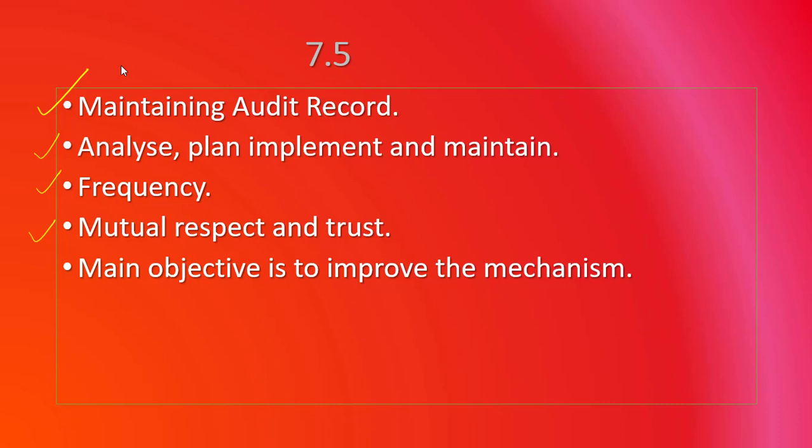Audit must be conducted with mutual respect and trust in a cordial atmosphere. Audit is conducted not only for fault finding but for continuous improvement, and this list is a sample only. So the audit team should consider including these things during the process of academic audit.